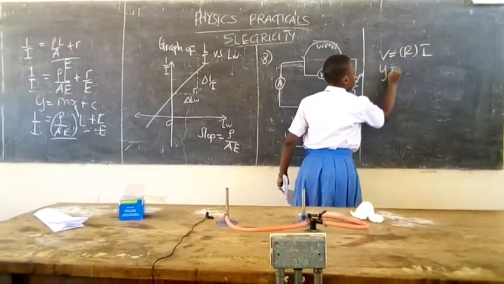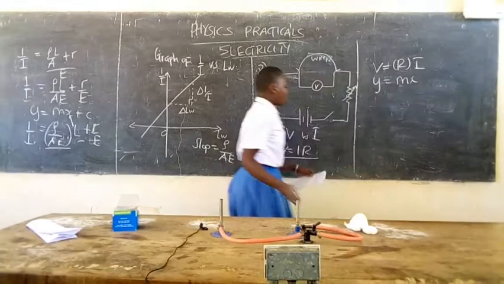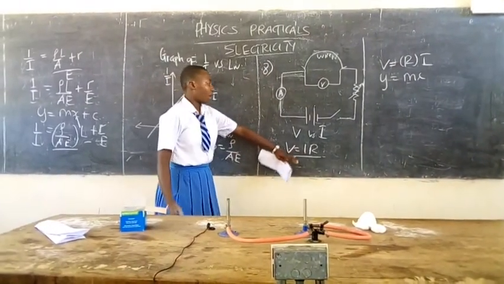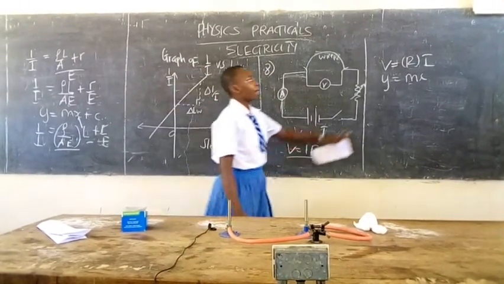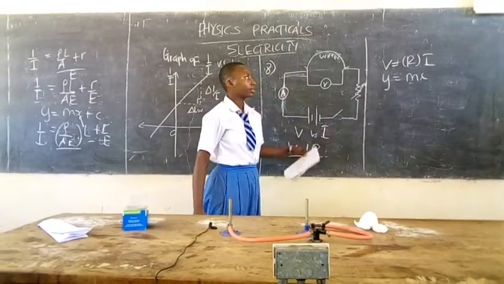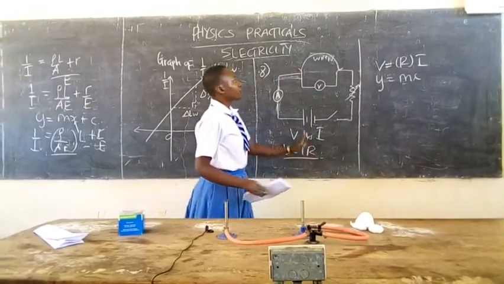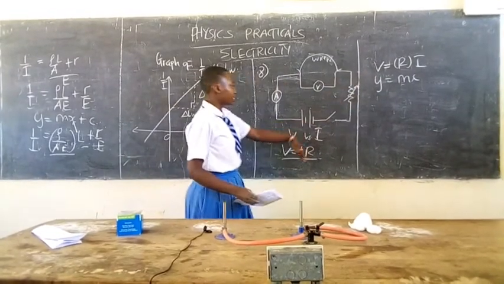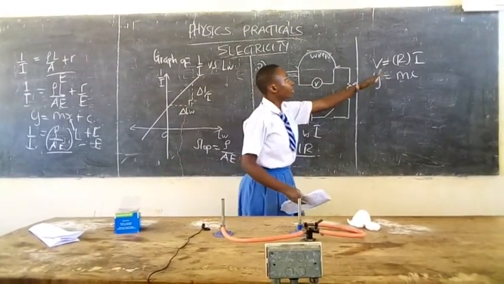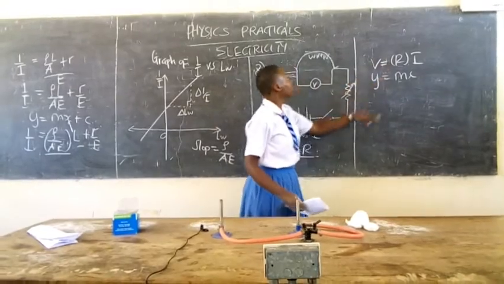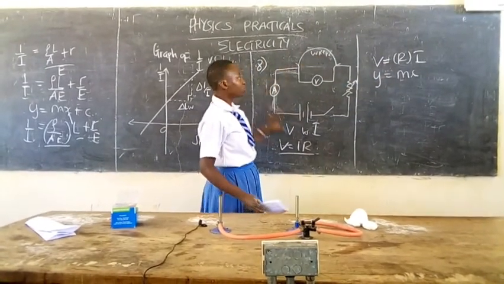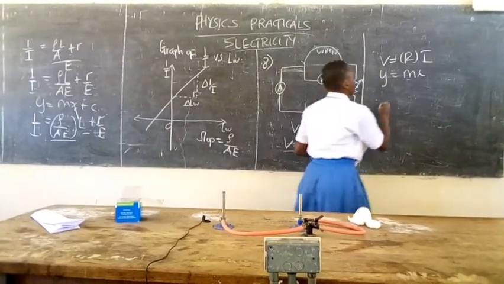y equals m x. Our equation does not have a y-intercept. It has a positive slope. Our slope is resistance. So after conducting this experiment and drawing the graph, the slope will be the resistance of this wire which is in your circuit. The graph will be like this.